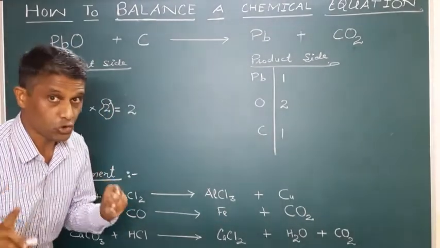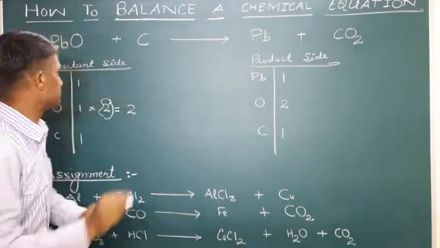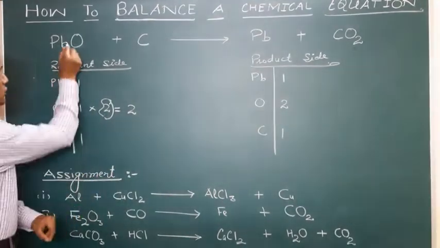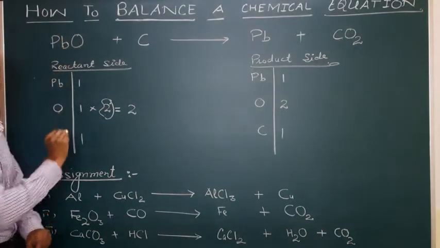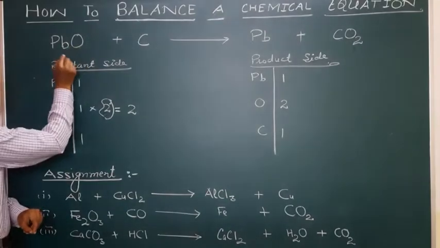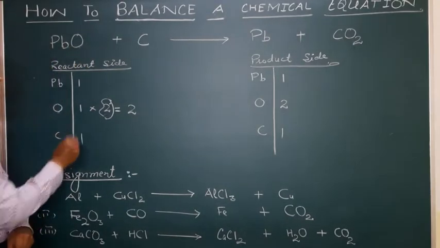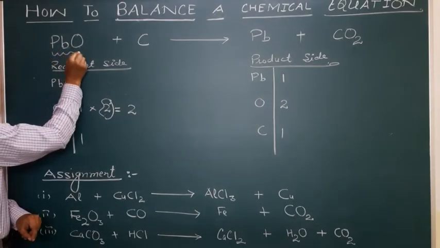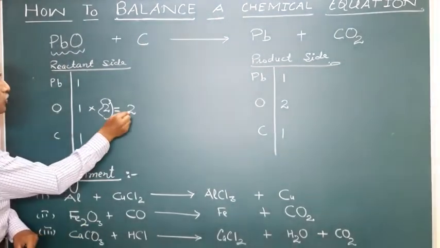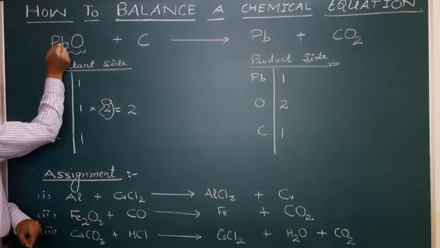You have no right to change the subscript. So 2 can't be written in between; no way it can be put there. It is only written in the beginning of the compound, which is called lead oxide. So that too is coming in the beginning of lead oxide.